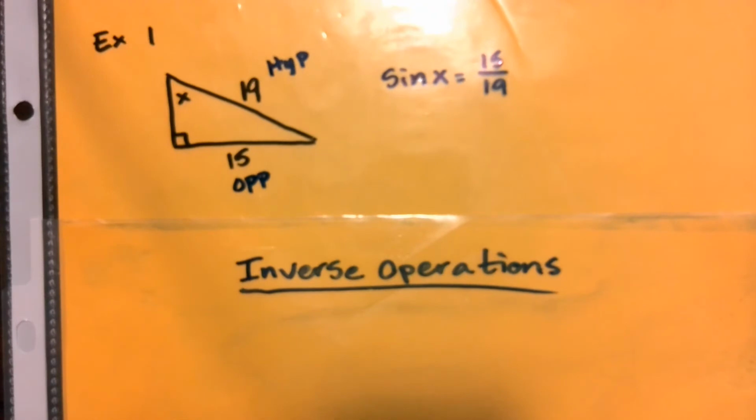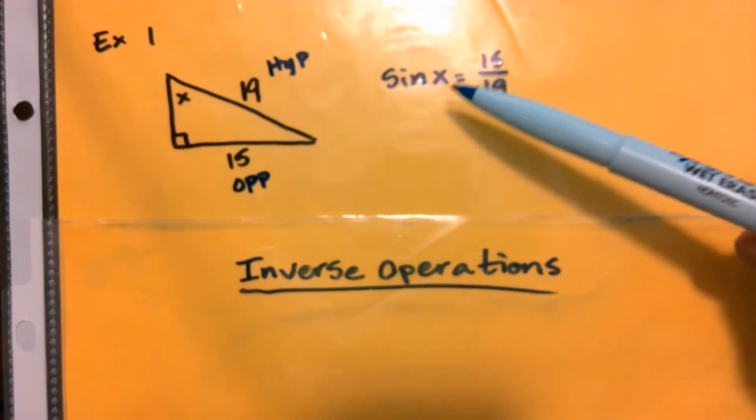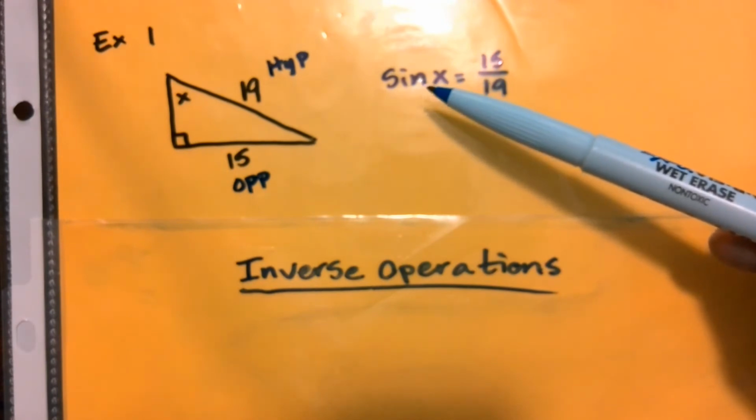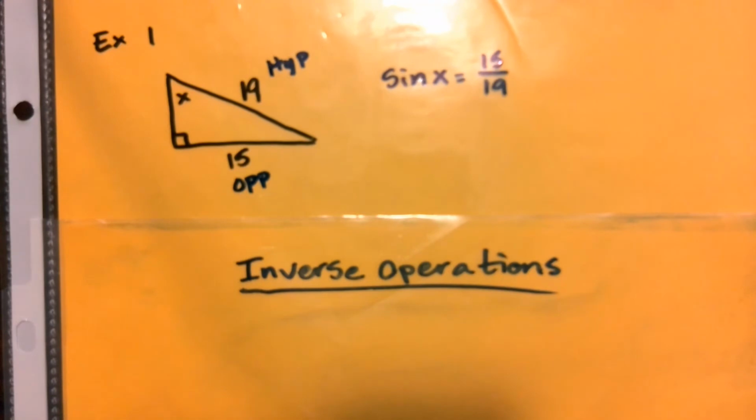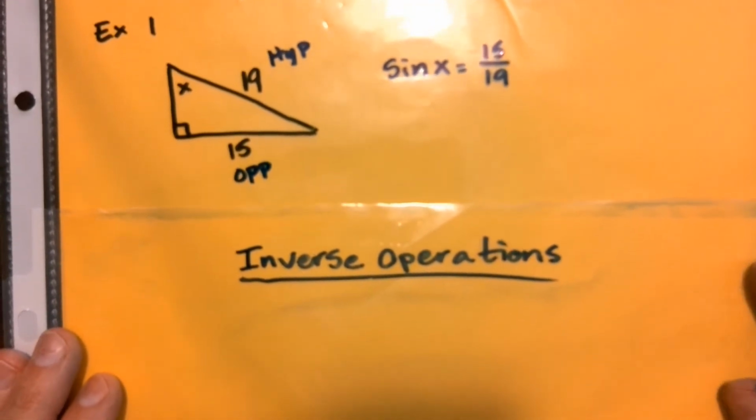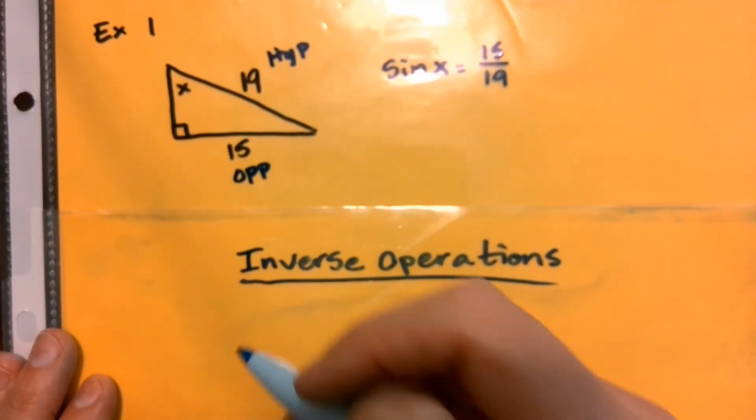Okay, so our setup was the same, but at this point we're kind of stumped because the x is actually the angle inside of the sine function, so it seems like it's kind of stuck there. So in order to get x by itself, I'm going to need to know what the opposite of sine is. I need to know what the inverse operation of sine is. And we use inverse operations all the time, we just don't really think about it a whole lot anymore.